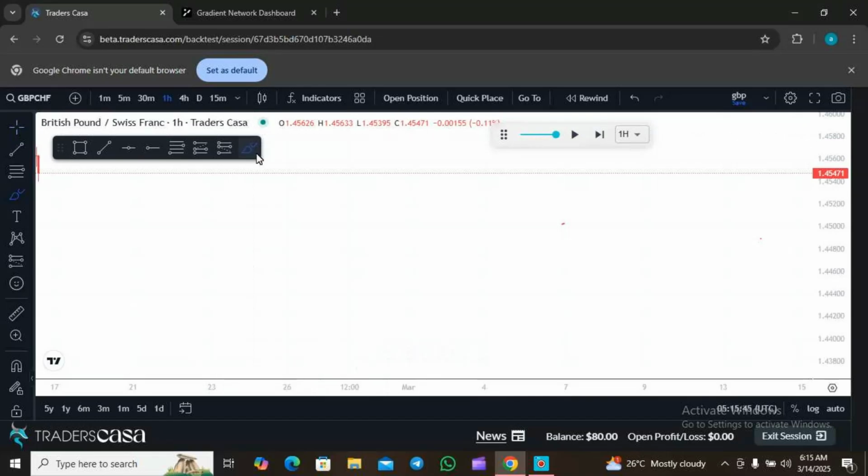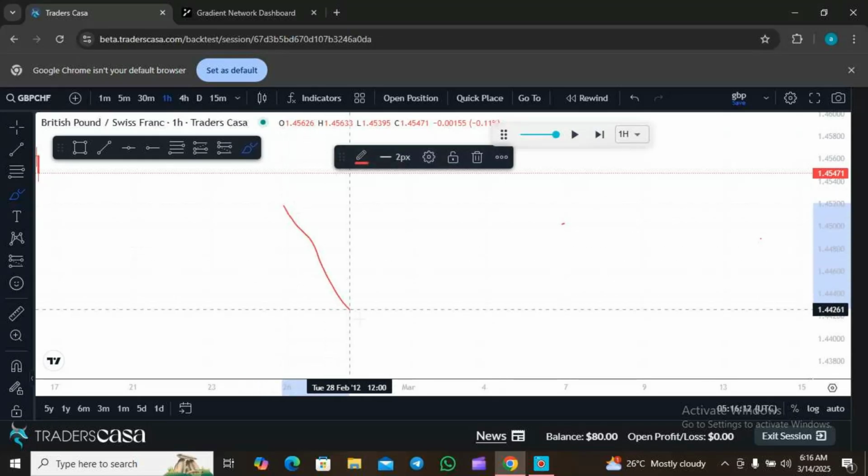All right. So what I mean is that for this setup to give you a 100% process, it has to come in a very high probability trade setup, like an A plus setup, right?